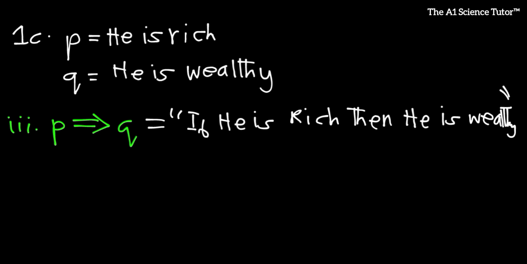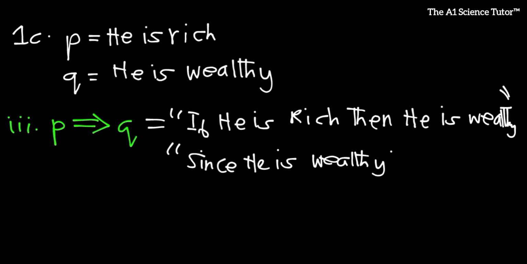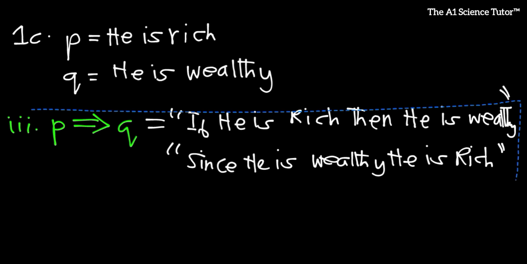You could have it this way. You could also have it that since he's wealthy, he's rich, right? Since he is wealthy, he is what? He is rich. And you could try doing it in the other way also, as much as possible.